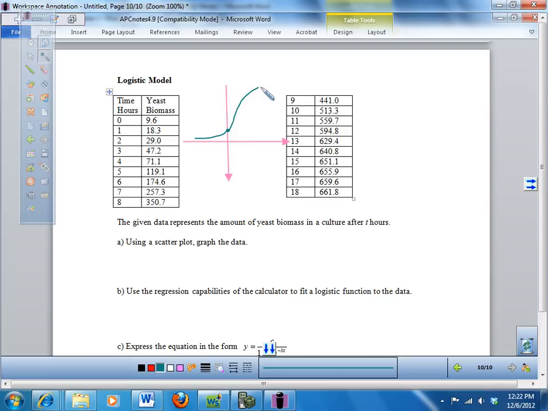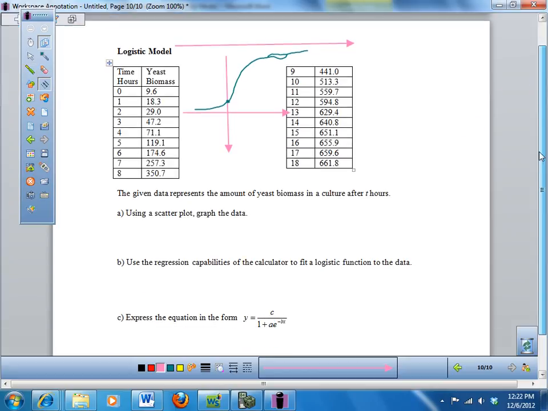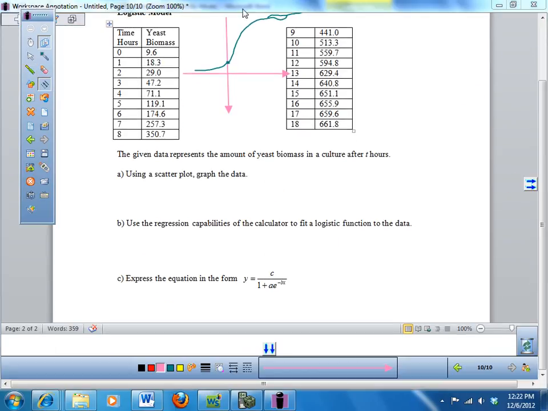Then it goes up and reaches a saturation point, so you will have an asymptote somewhere up here that it is approaching, and that value will be this C value. That's the equation of your horizontal asymptote. And this is your growth rate, just some constant we decided. Then you can do that on your calculator. All right? You got that?